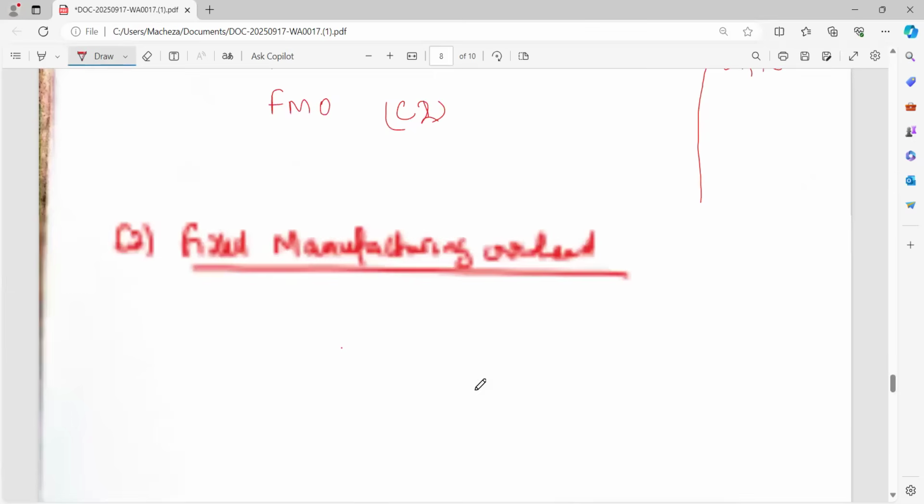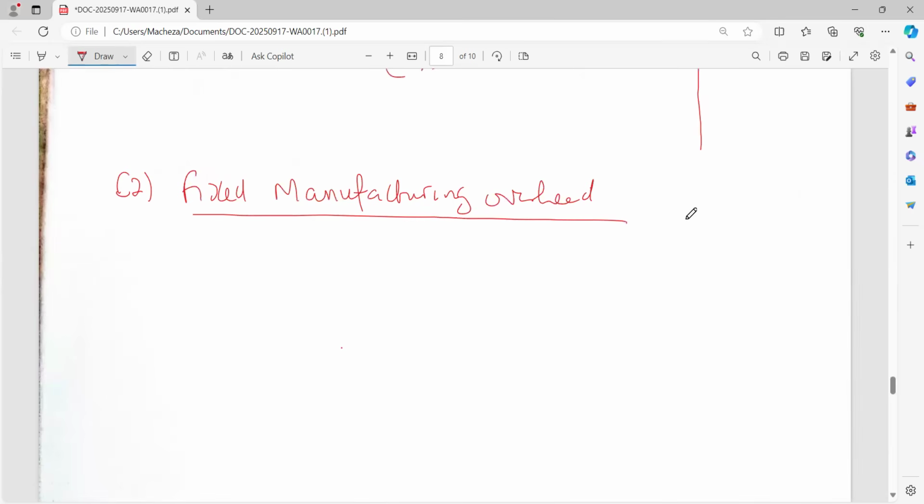It's going to be total fixed manufacturing overheads. We say 2 million, 448,000.